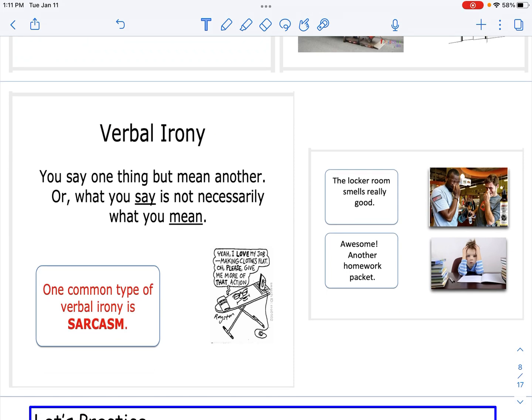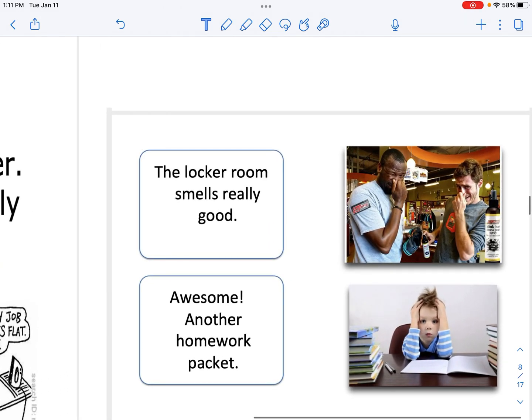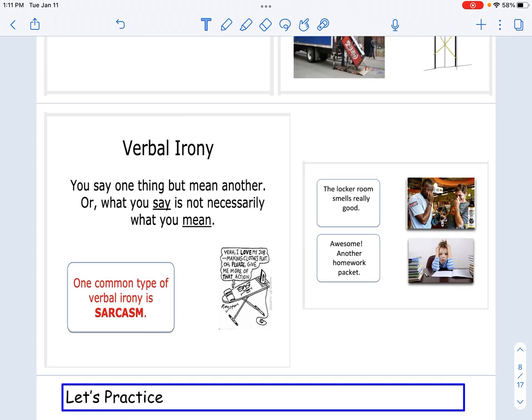Verbal irony you learned about yesterday. Verbal irony is when someone says something but they mean something else. So it's the opposite of what is expected when someone says something. If I gave you a 10-page homework packet tonight and you said, awesome, another homework packet, that would be ironic because I know that we don't enjoy homework.